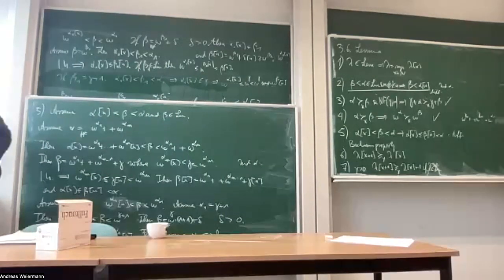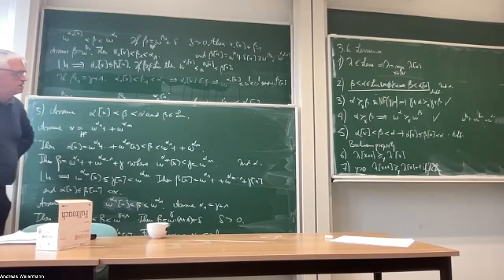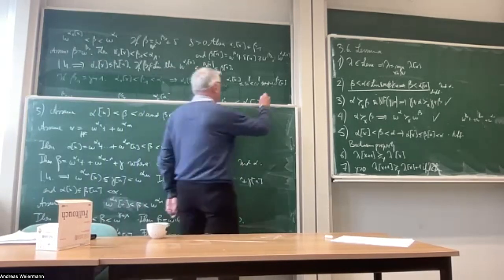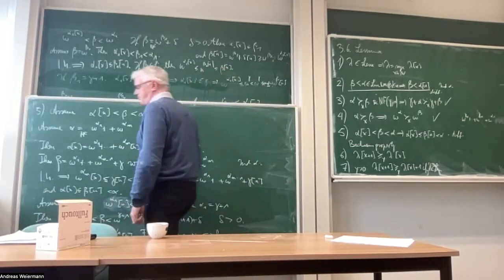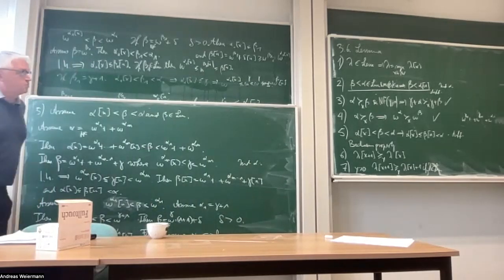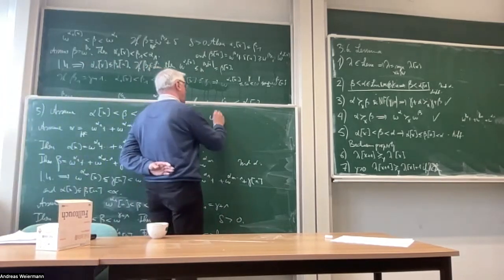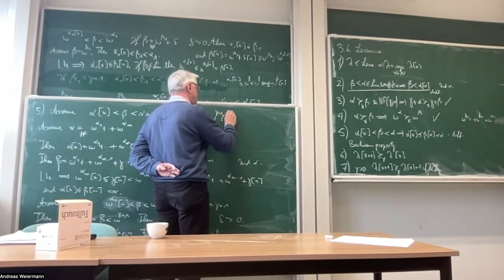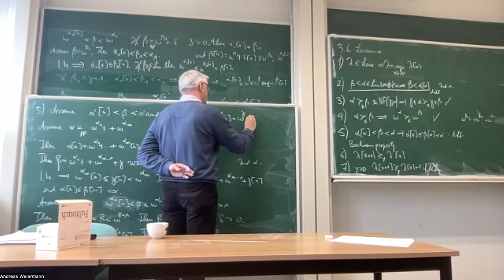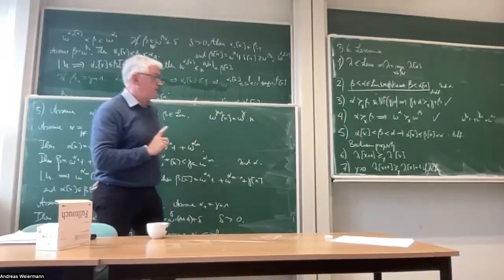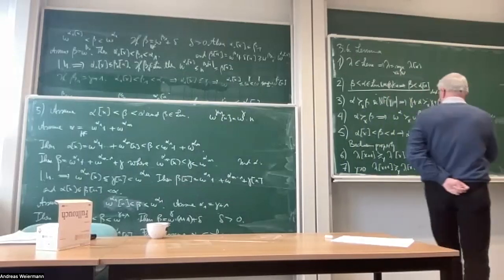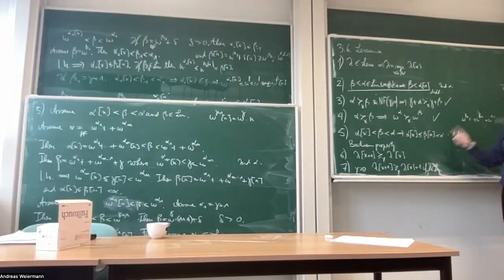Now, there's one point which you have to be aware of. Every now and then I use the plus 1 here. Namely, if there would be just times n, n could be 0, and then the argument would be killed. So if I would have defined omega to the gamma plus 1 at n as omega to the gamma times n, then this property would not hold because I have these strange cancellations.